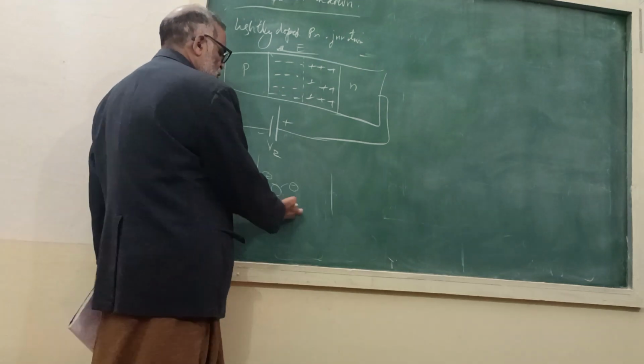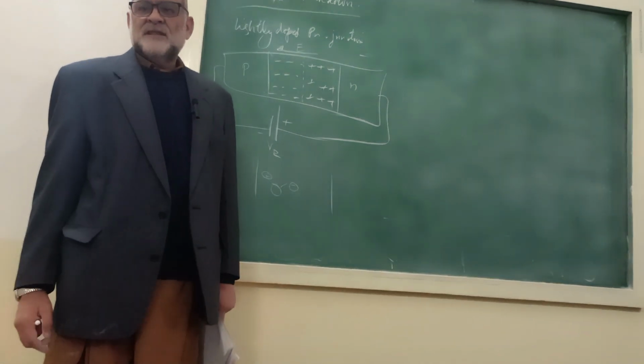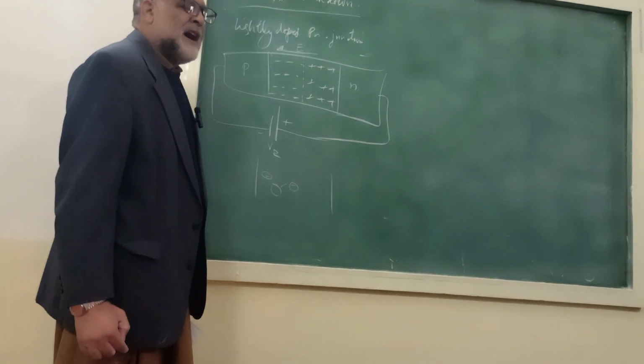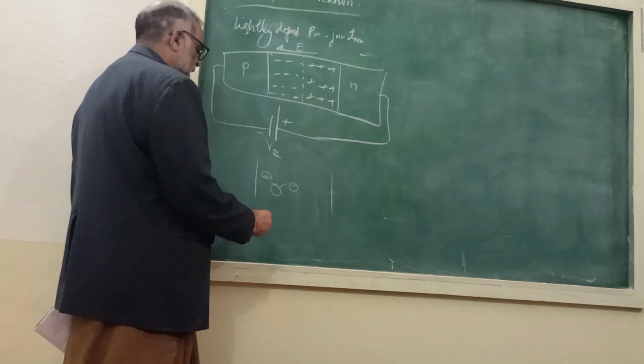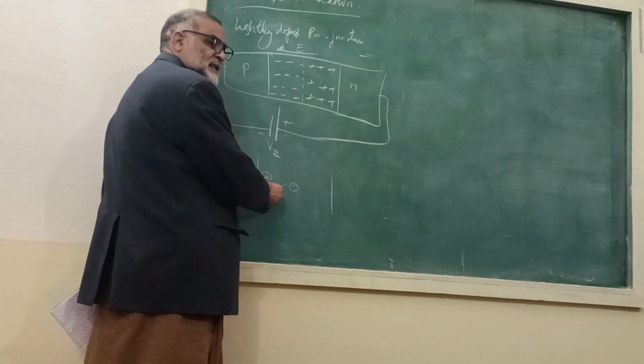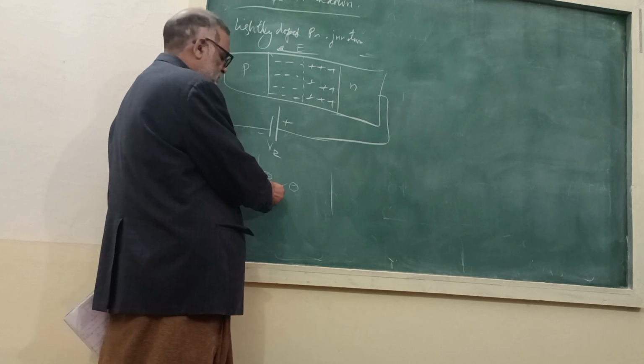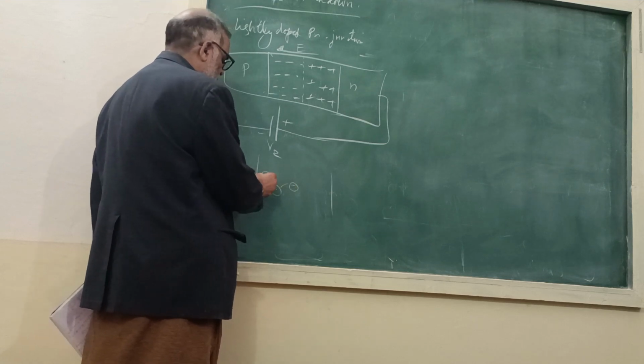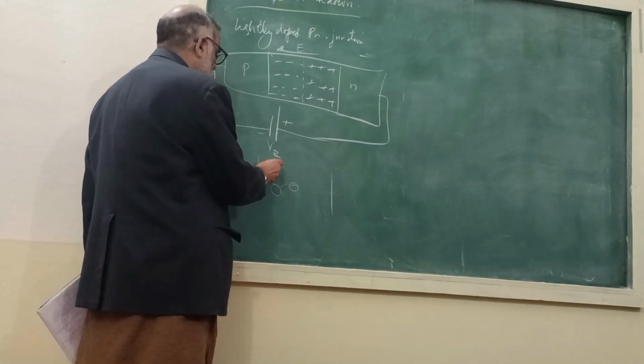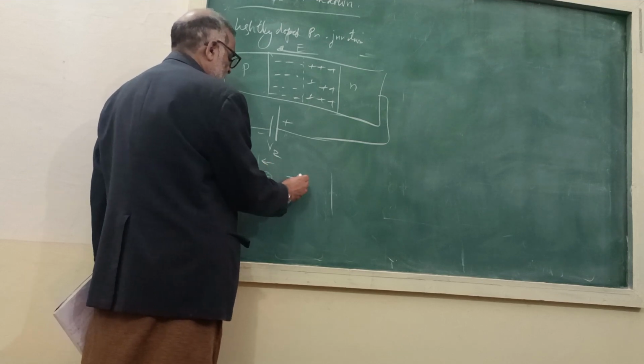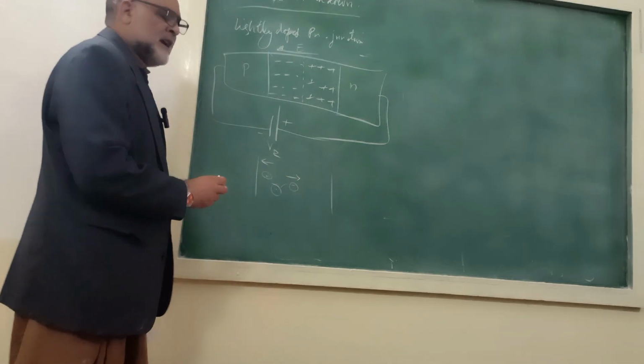When they pass through, they ionize the atoms, and as a result of the ionization an electron and a hole are produced. The hole is attracted to this side and the electron to that side.